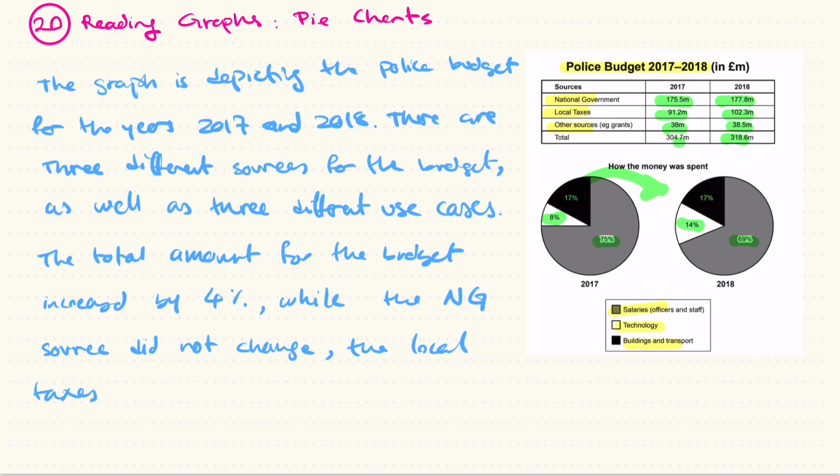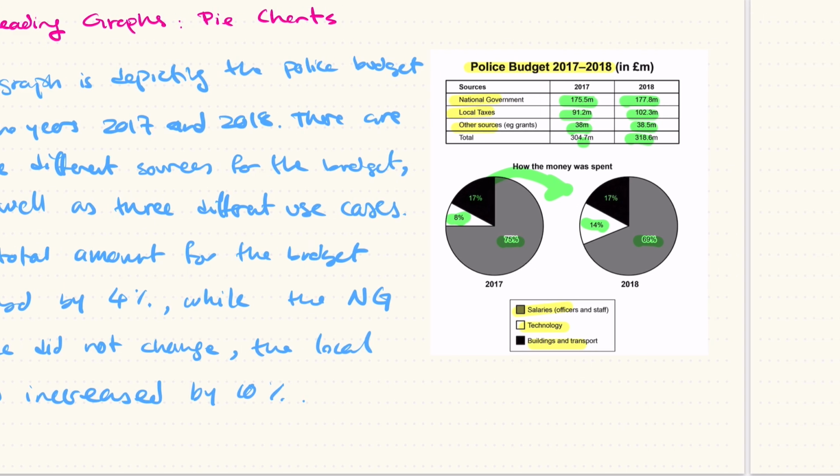A lot of people don't like taxes going high, so it might not be an improvement for everyone. I guess it's not an improvement for anyone. So taxes increased by 10 million or about 10%, so from 90 to 102, it's about 10%. Increased by 10%, and other sources remain the same. So you can write that one as well. So now you describe the sources. You can move to how the money was spent, so the expenditures.